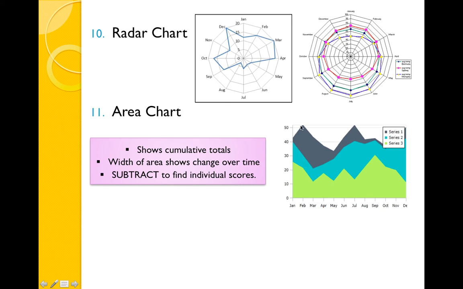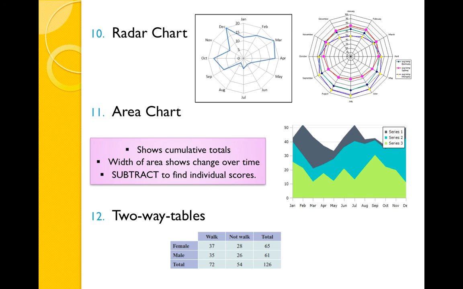So this 53 shows the total of Series 1 and Series 2 plus Series 3. If you then want the total for Series 1 only, you will have to subtract to find that individual score. Two-way tables, another method how to summarize and display data in more than one way.